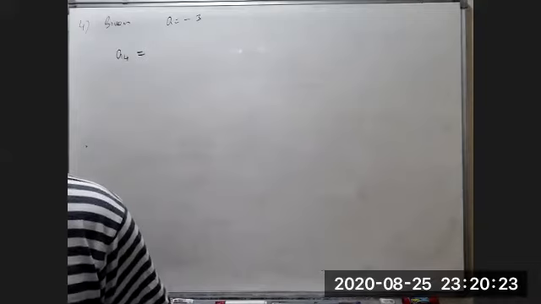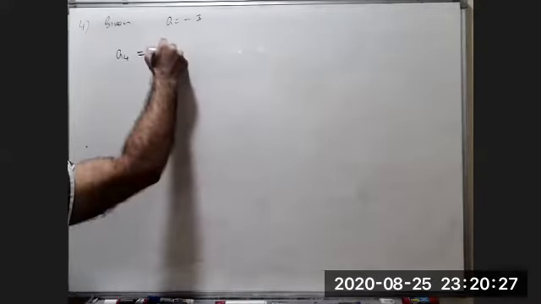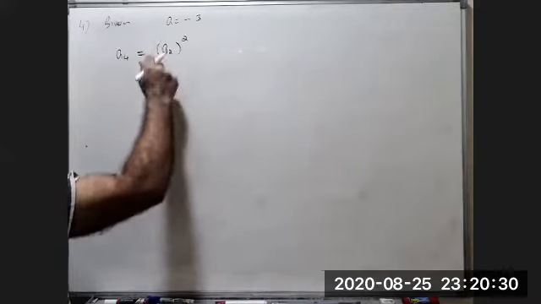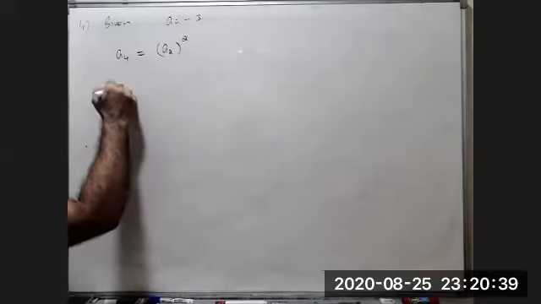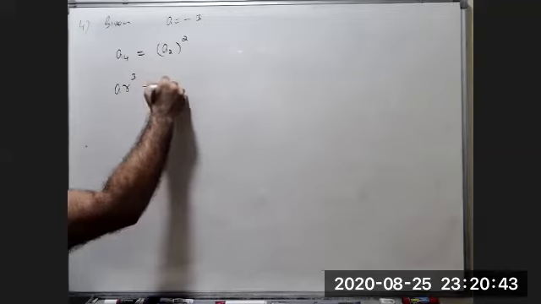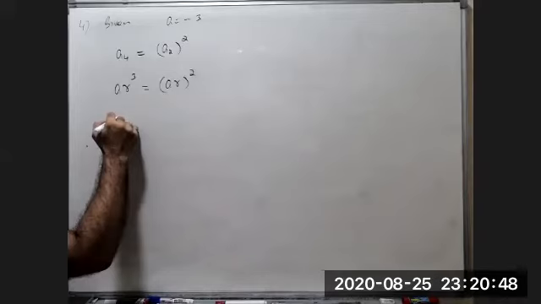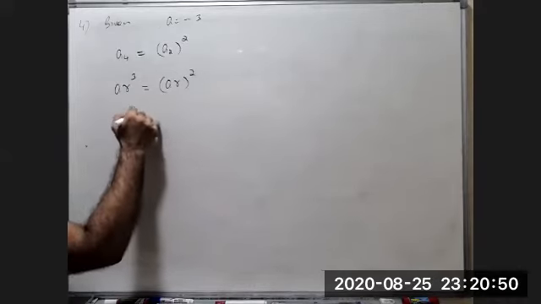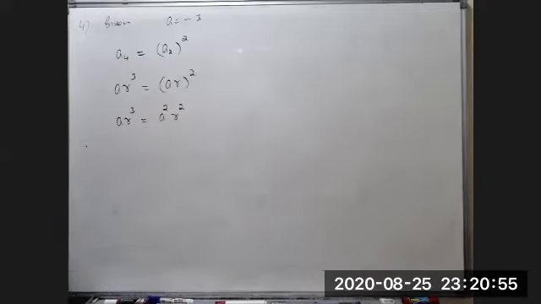Second term is A2. So A4, which is A r cubed, equals A2 squared, that is A r, the whole square. A r cubed is equal to A square r square.